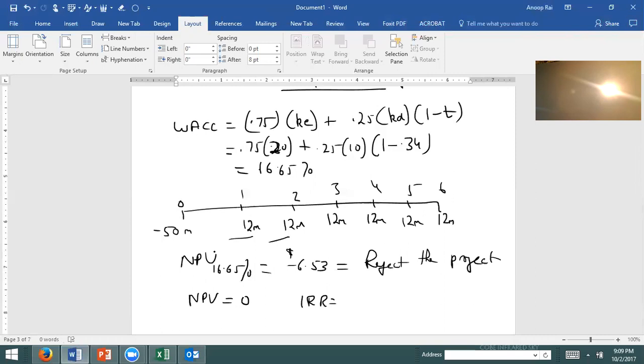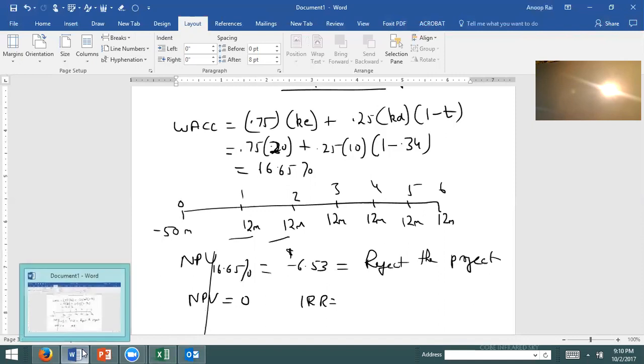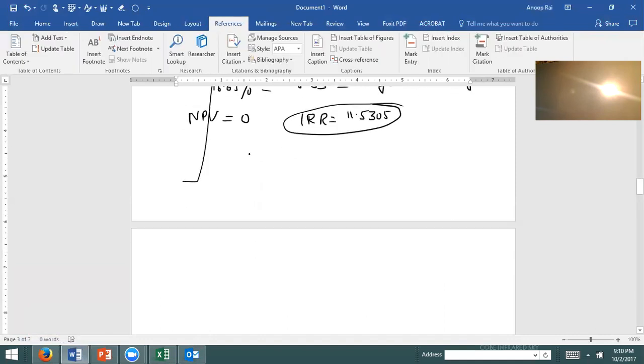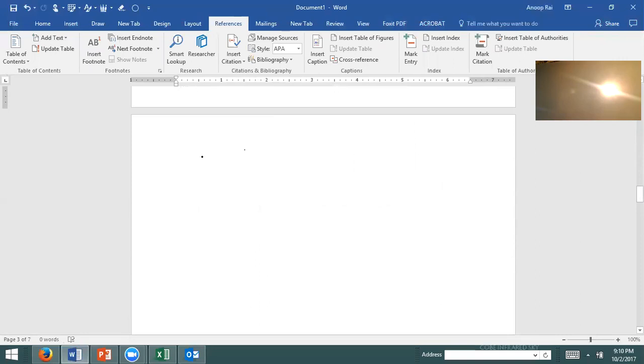Let me just calculate the NPV with 16.65. And it's correct, it's negative 6.53. So now I press IRR compute, and it comes to 11.5305. So if I could discount this at 11.5305, I'll accept the project because that's what the IRR is at this point. Okay, so that's how we use the IRR.